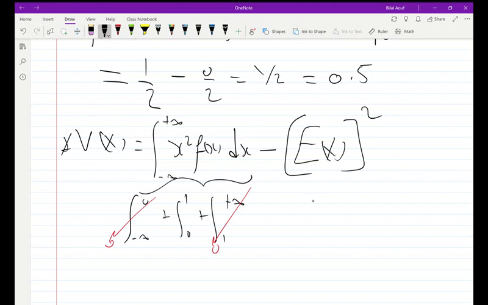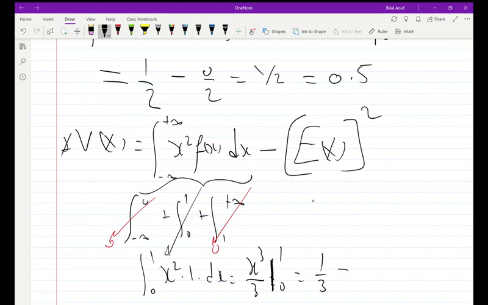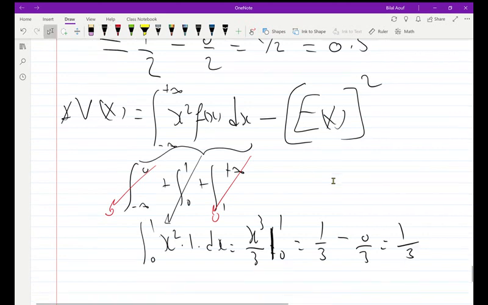The first and last parts are equal to 0, so the only part I have to work on is between 0 and 1 of x squared, with f equal to 1, times dx. The integration of x squared is x cubed over 3 between 0 and 1, which is 1 over 3 minus 0 over 3, equal to 1 over 3. I didn't finish yet.